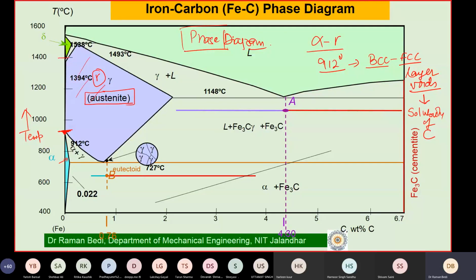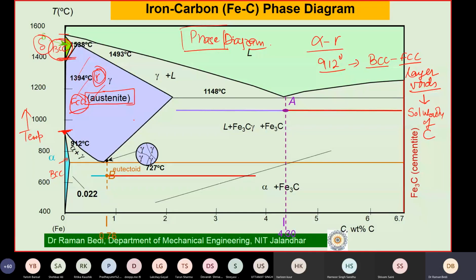After further heating, you have delta iron. Again, it goes to BCC. So BCC alpha is here, and this is gamma, which is the FCC structure. The BCC structure comes back at around 1400 degrees, and we say this is delta iron.